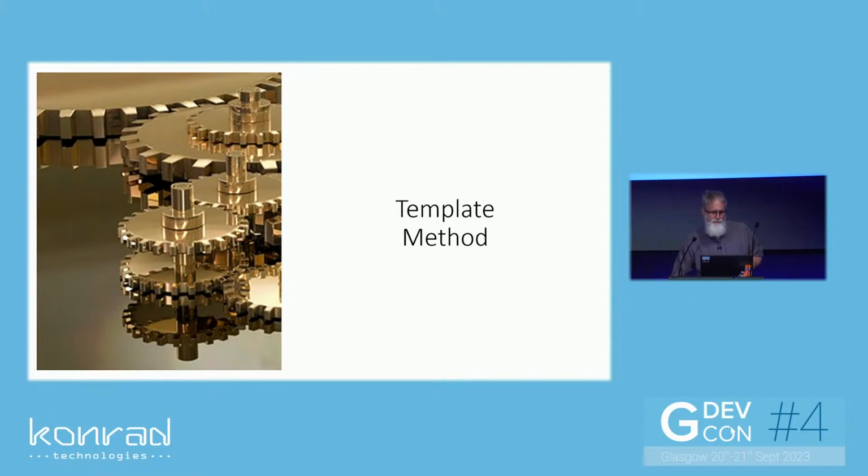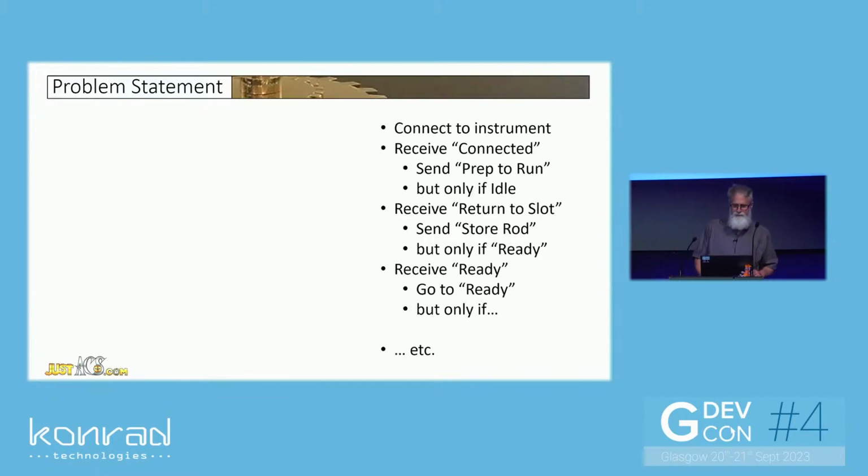Template method solves another problem. Let's go back and look at all the possible things that I might need to do, with my state pattern class arrangement here. I have several things I have to do. Some of them are very transactional, right? I'm going to be getting this connected message. I'm going to be getting return to slot over and over again, right?